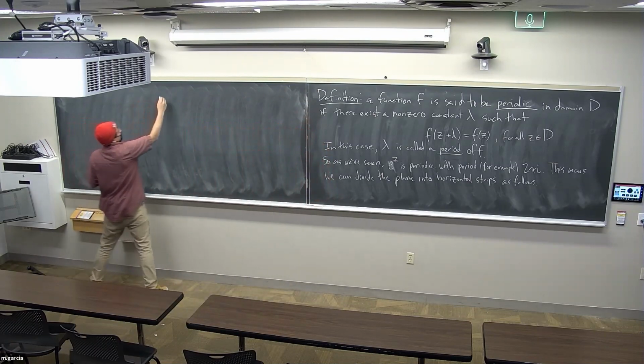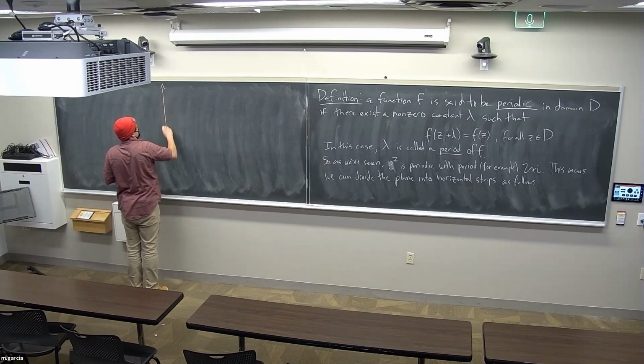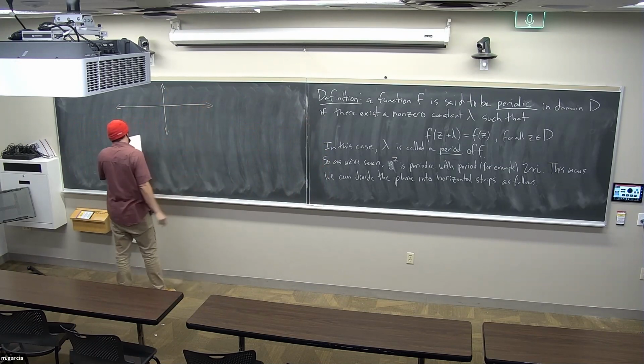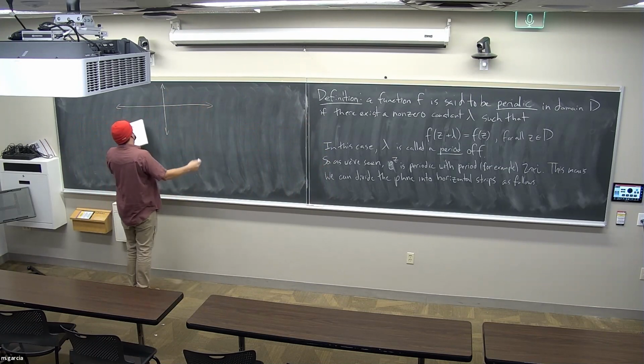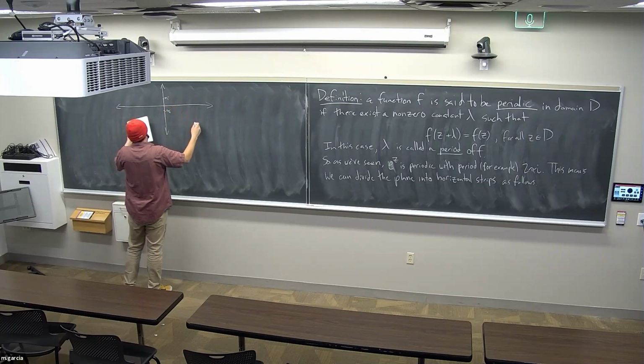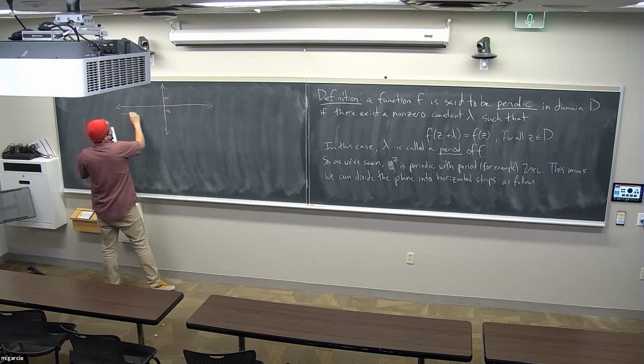Here are our real and imaginary coordinate axes, and here's my point pi I, here's my point negative pi I, and take a strip here.